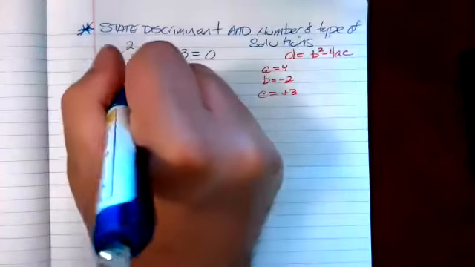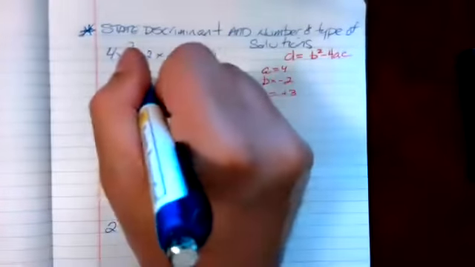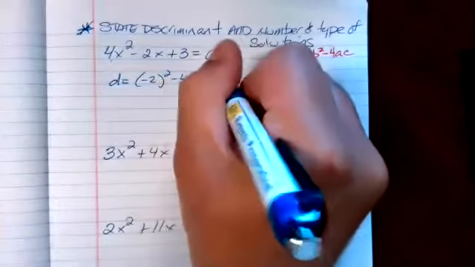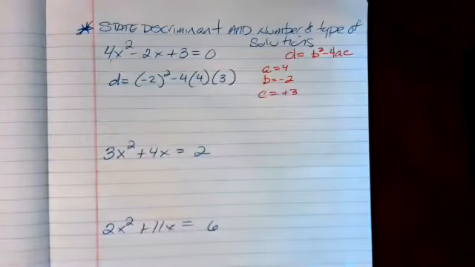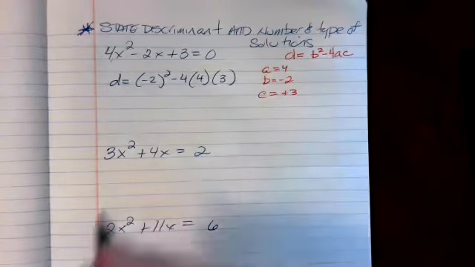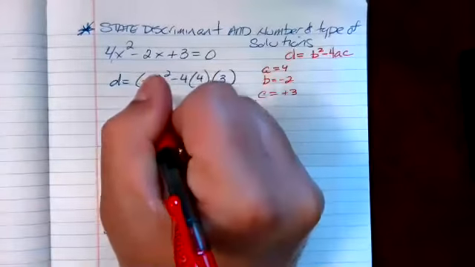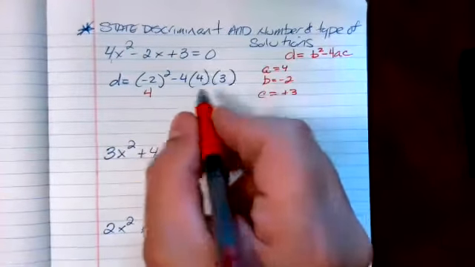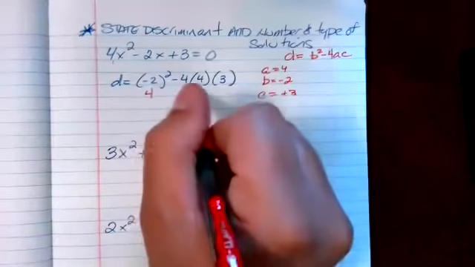So D is equal to my B squared minus 4 times my A times my C. Is this minus 48?